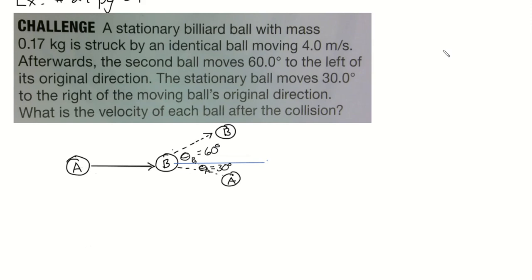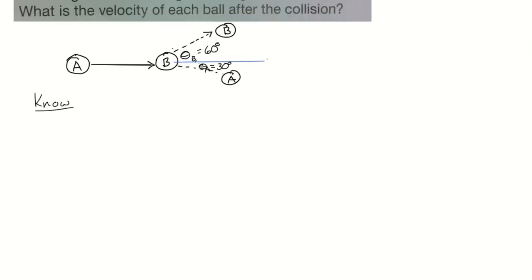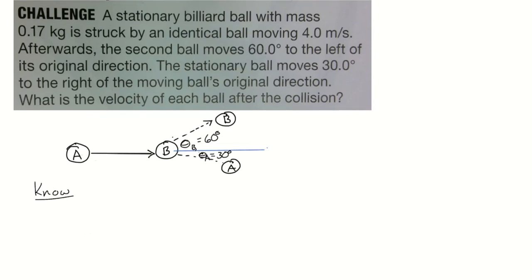Help me out with the knowns, because we need to be able to write them all. I'm going to keep those up. My glasses aren't seeming to work today. I'm really struggling to read. Huggins, can you hook it up and give me one of the knowns? Mass of ball, because they're the same. Ooh, I like it.